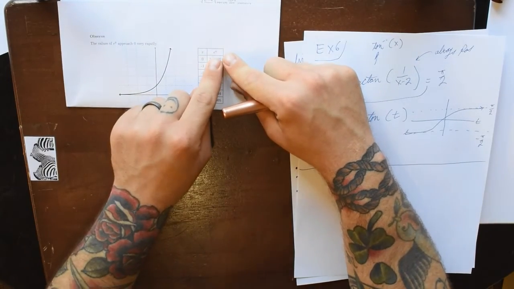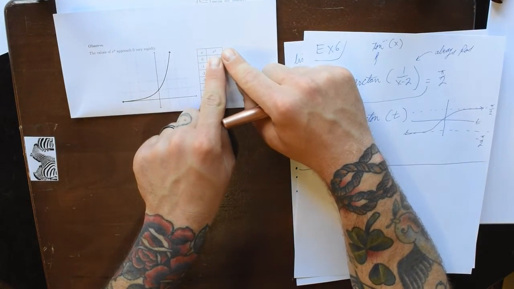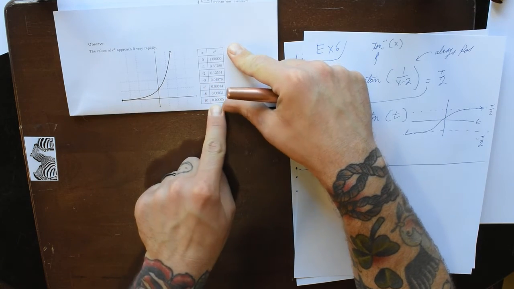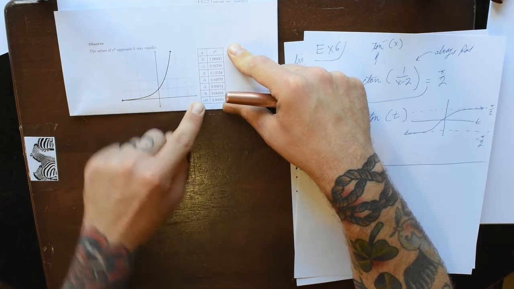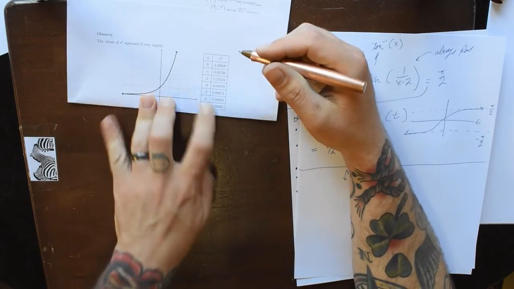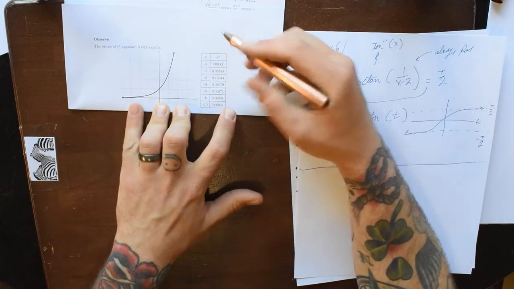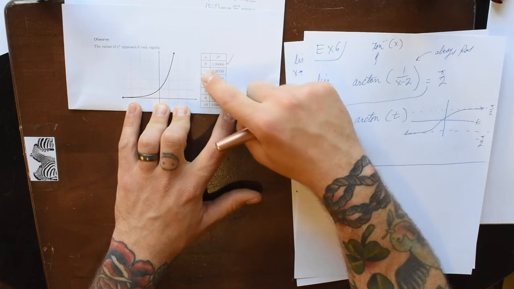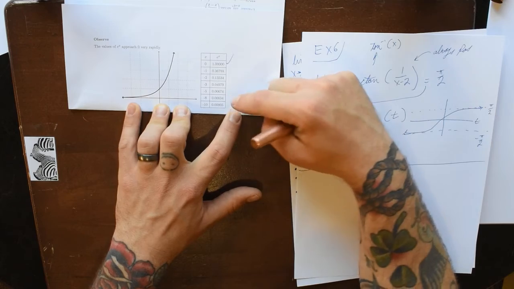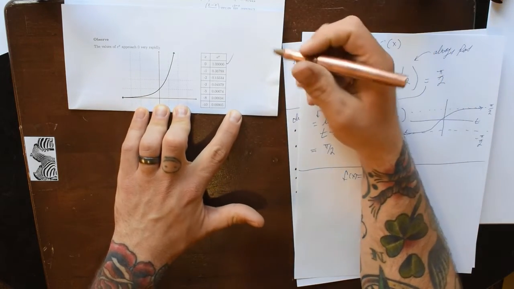So the value of e to the x, and I hope you guys can read this, gets closer to 0 as the value of x gets more and more negative. In case this is too small for you guys to read, grab your calculator. e to the 0 should be equal to 1. See what e to the negative 1 is. e to the negative 2, negative 3, negative 5, negative 8, and negative 10.